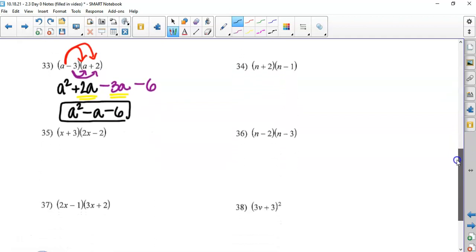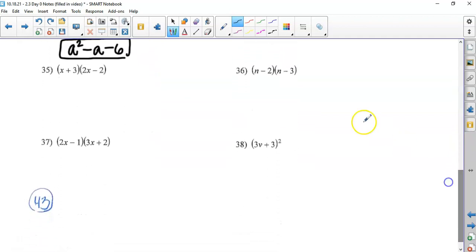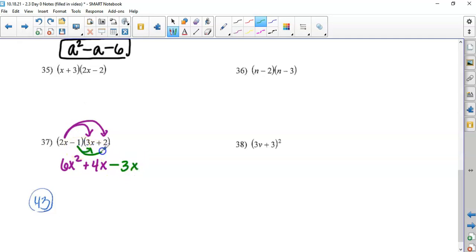Let's do one more together. Let's do 37. So we're going to do 2x times 3x is 6x squared. 2x times a positive 2 is a positive 4x. And then we've got negative 1 times 3x is negative 3x. Negative 1 times a positive 2 is a negative 2.